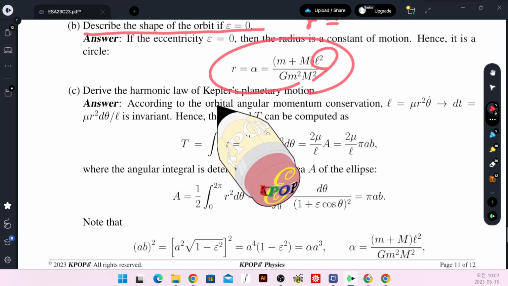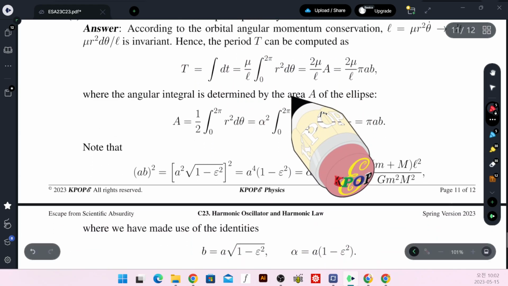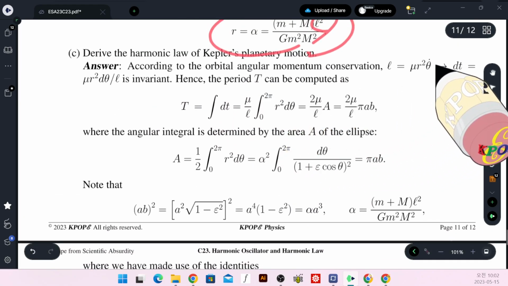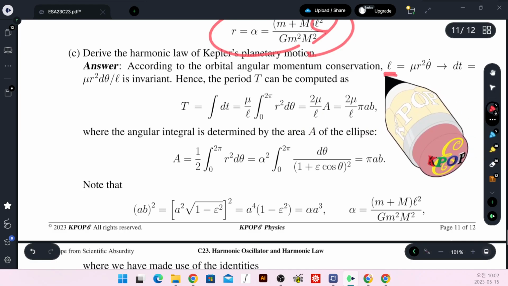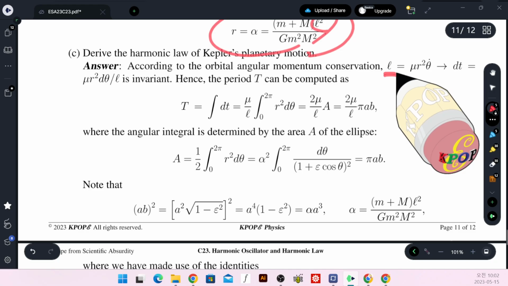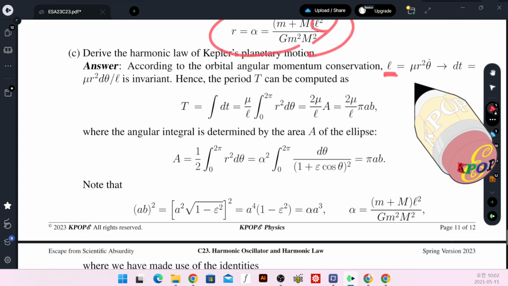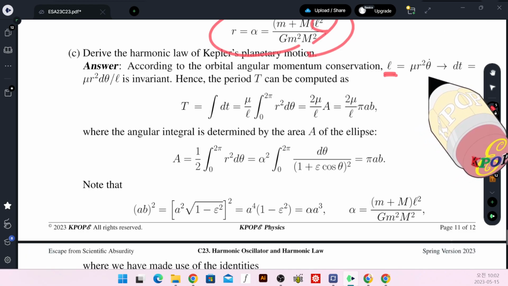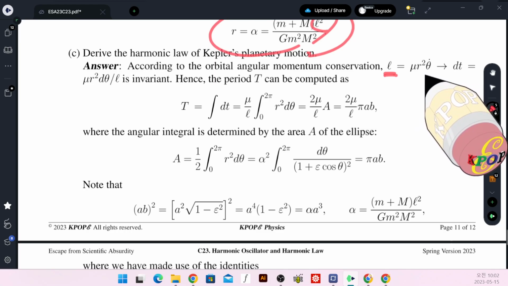Derive the harmonic law of Kepler's planetary motion. Kepler's second law concerns the orbital angular momentum. Sure, Kepler didn't know what the orbital angular momentum is, but he stated that the areal velocity is preserved.